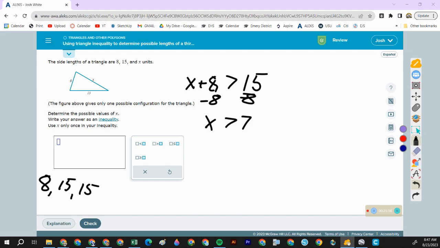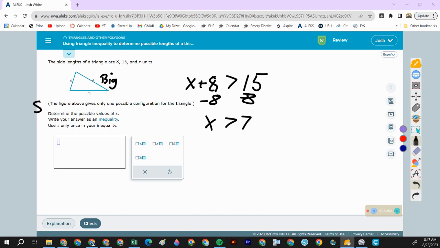So this is assuming that that is the small side, right? So if x is the small side, then this side plus this side has to be greater than that side. Well, what else could x be? What if it's the big side? So if this is the big side, what would the formula be to check to see if it's a triangle?